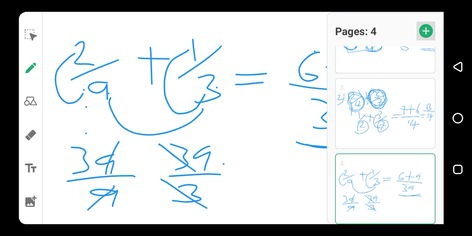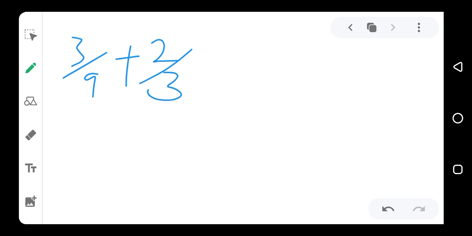For example, if we are asked to simplify this where a is equal to 2.